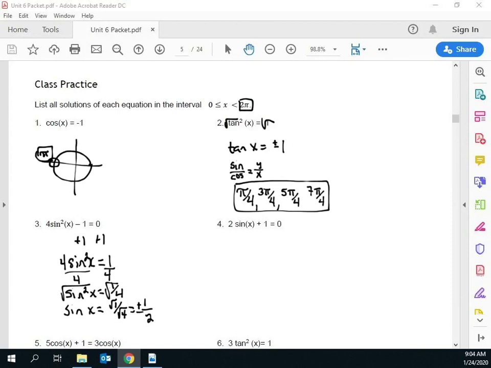All of them, which is going to be 4, right? Anytime you have plus or minus, anytime you have to take a square root, just know you're going to have 4 answers, okay? So we have plus or minus 1/2. So where is sine equal to 1/2? Pi over 6. Pi over 6 in all 4 quadrants.